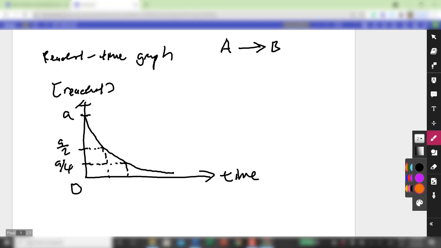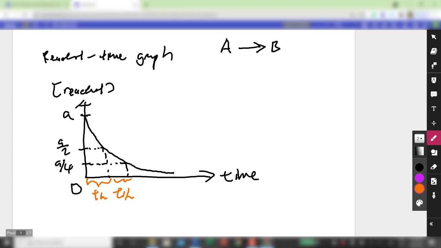From here we can determine the t half, and then check if they are constant. It need not be exactly constant, it could be relatively constant, maybe with a difference of about 5%. I think that's fine.